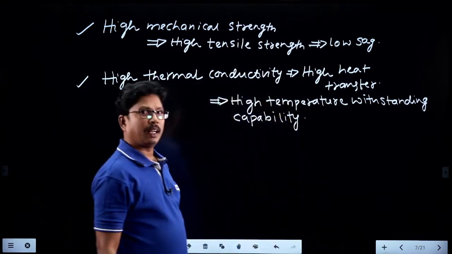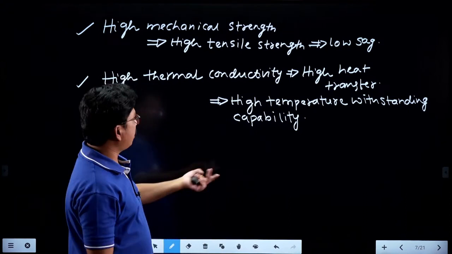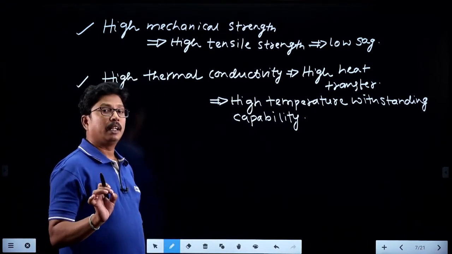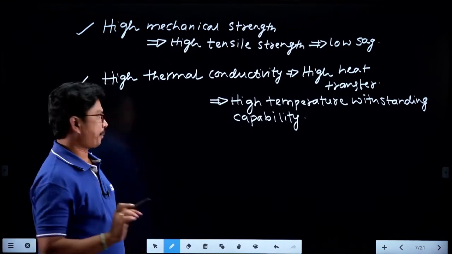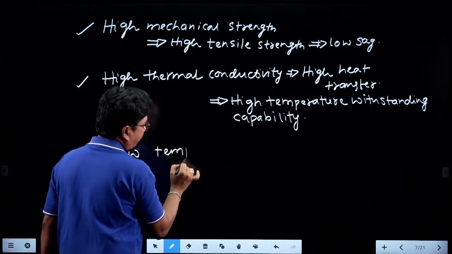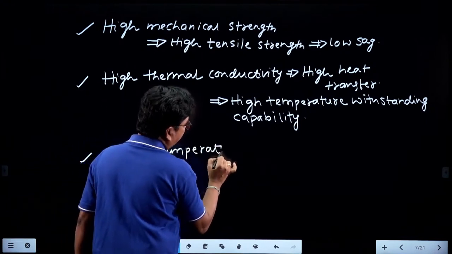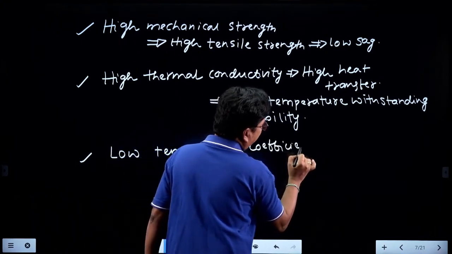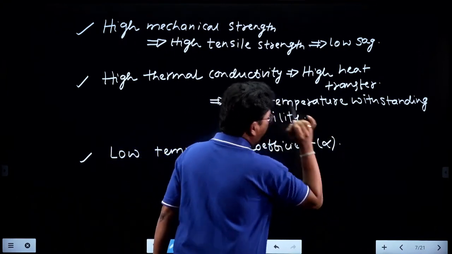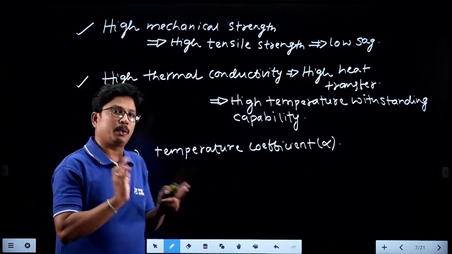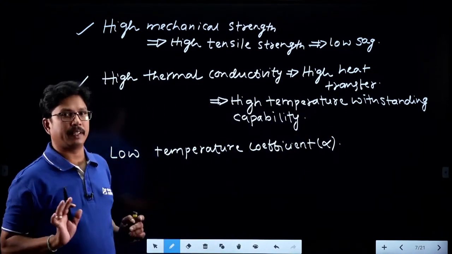Right, students. Along with this, how many remaining properties can we take? The conductor should have a low temperature coefficient. Whenever the conductor has a low temperature coefficient, the variation of resistance with respect to variation of temperature will be very, very less.